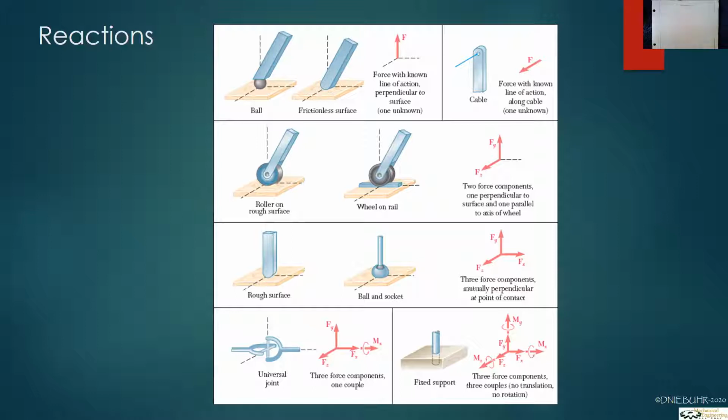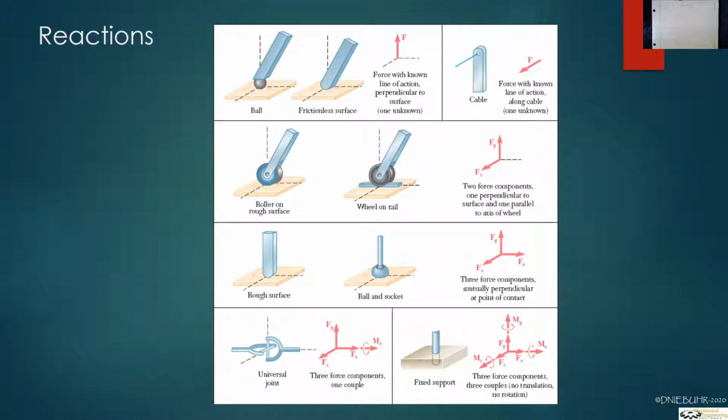If you have a cable, you know that the cable is always going to follow the direction away from where it's attached, and so that force again can have I, J, K components. If you have a roller, then you know that the roller is going to have 3 reactions, except in the direction in which it can actually move.